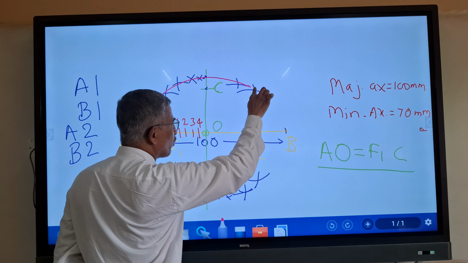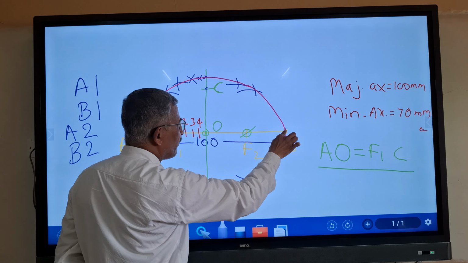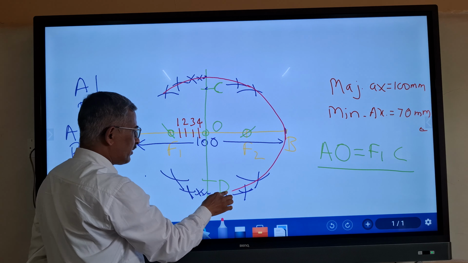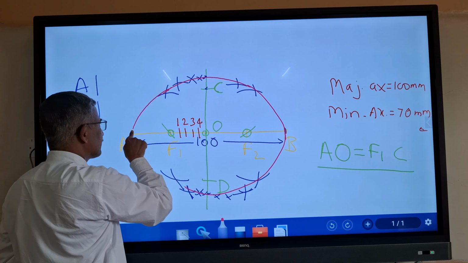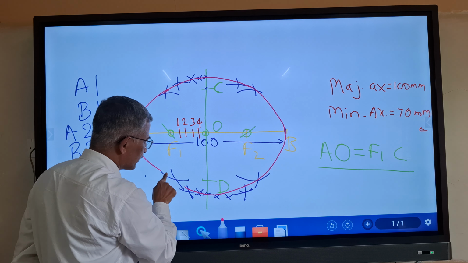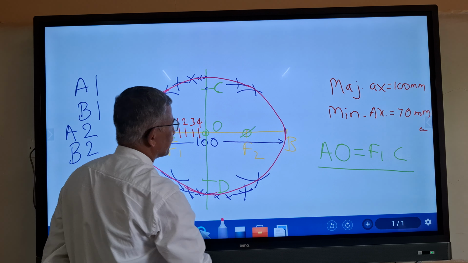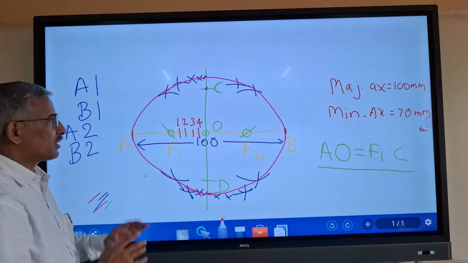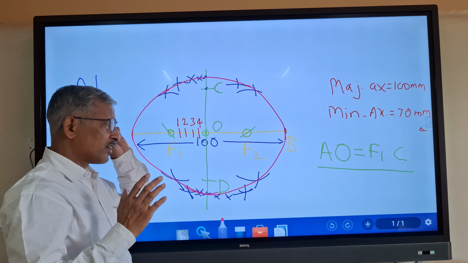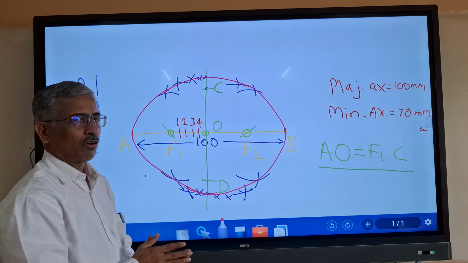You can draw this curve either freehand or using French curve. So in this way we can construct ellipse. This is the arcs of circle method of construction of ellipse.